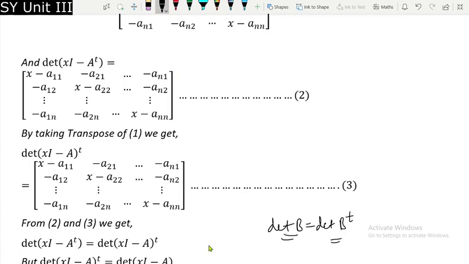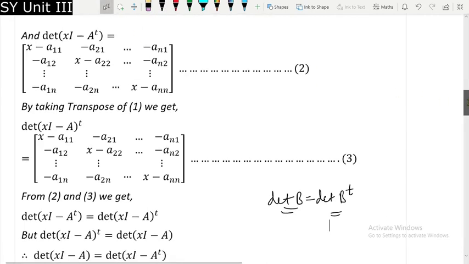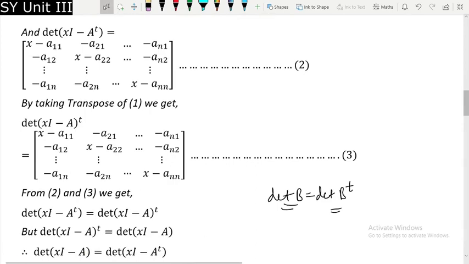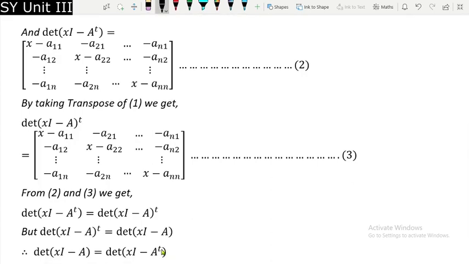That property is used. So therefore the determinant of xI minus A transpose will be the determinant of xI minus A. If you put xI minus A in place of B, you will notice it. So I get this, and therefore the determinant of xI minus A is equal to the determinant of xI minus A transpose, and therefore the characteristic polynomial of A is equal to the characteristic polynomial of A transpose.